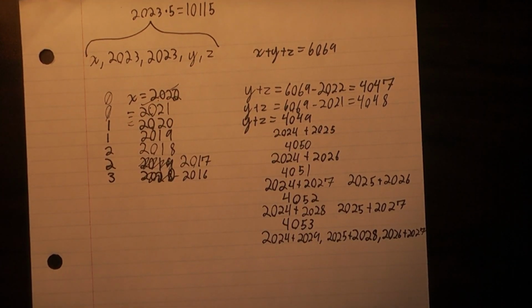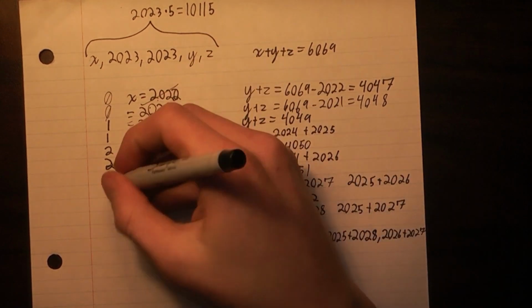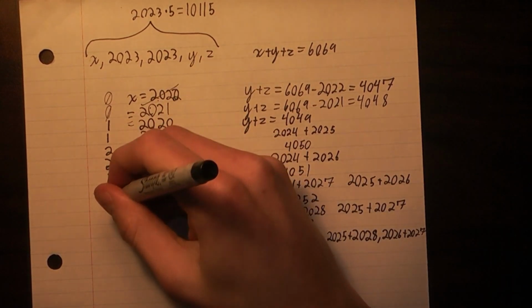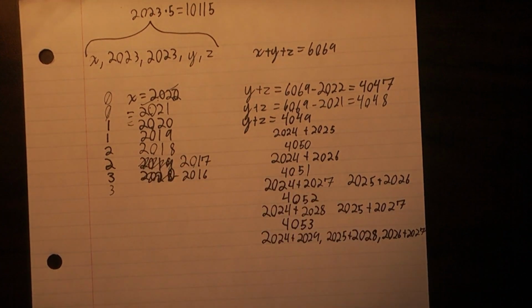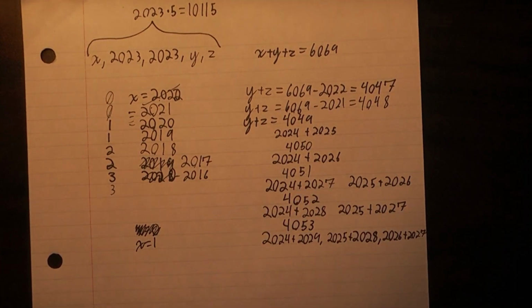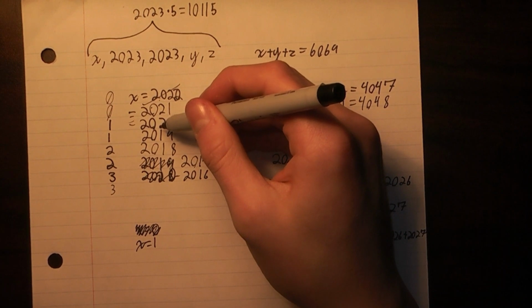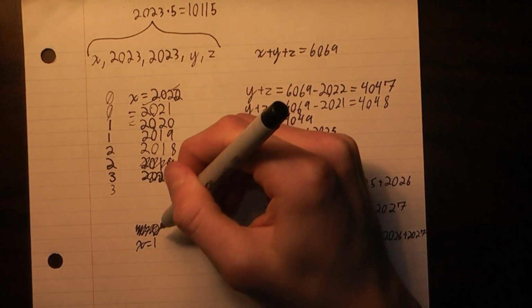I think you can see the pattern here. 0, 0, 1, 1, 2, 2. So the next one will be 3, and then 4, 4, 5, 5. So it keeps going until x equals 1. So when does x equal 1? Well, we start at 2020, and it goes all the way down to 1.